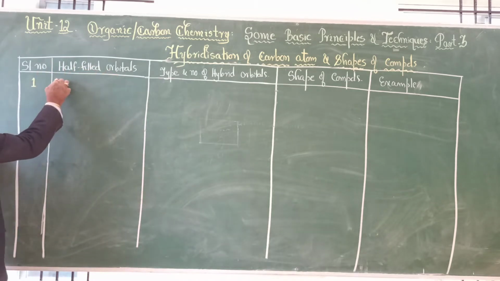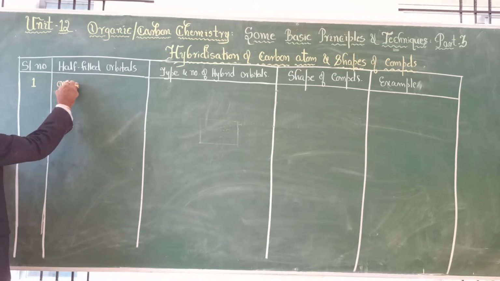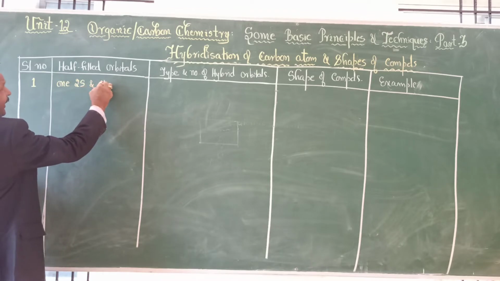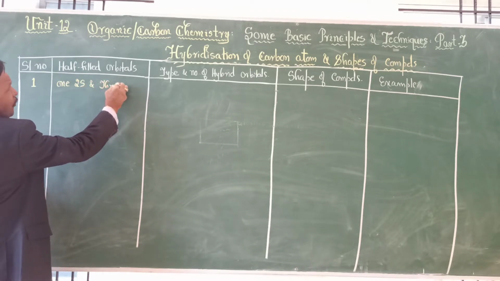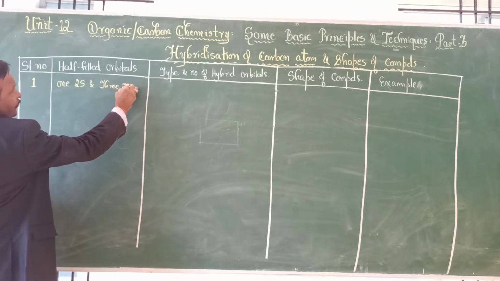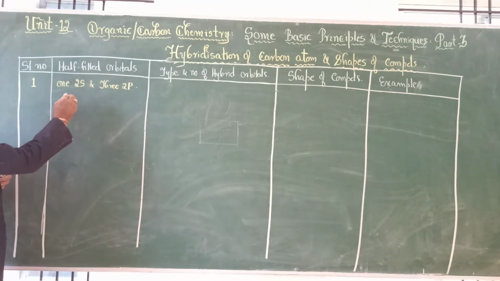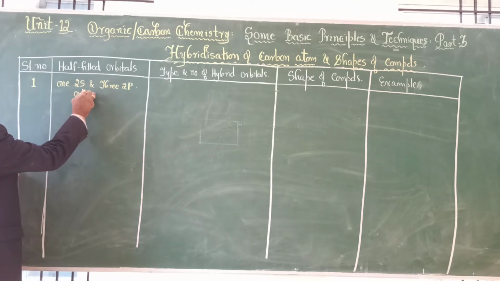So if 1 2s, okay, and 3 2p orbitals are going to combine.